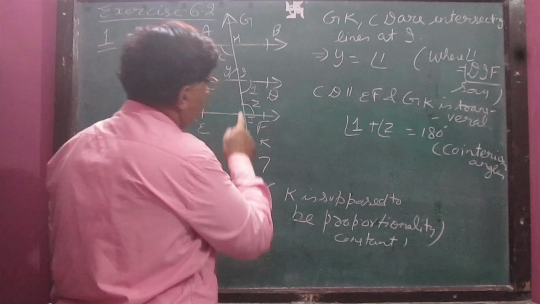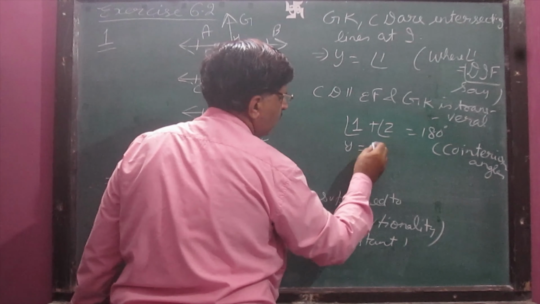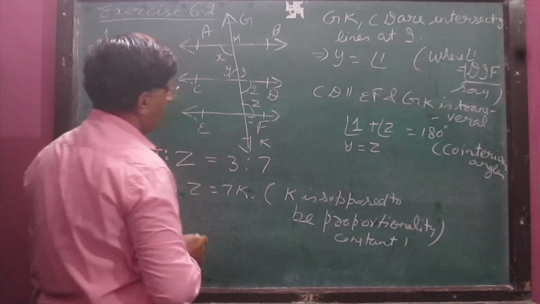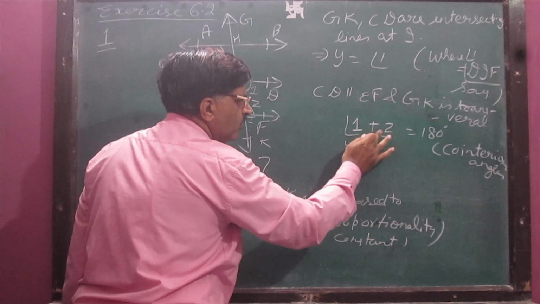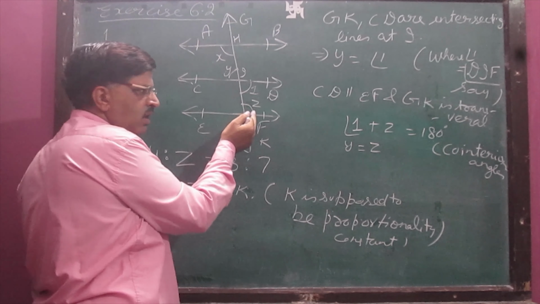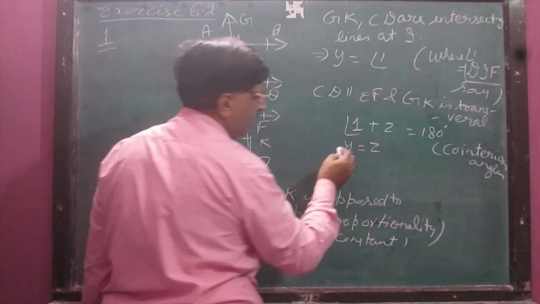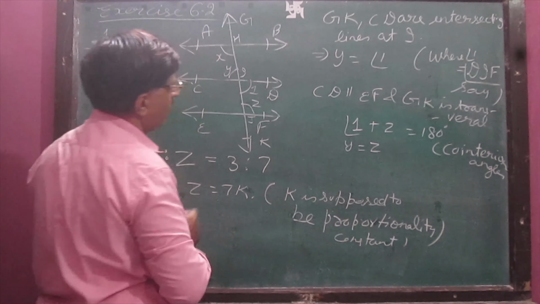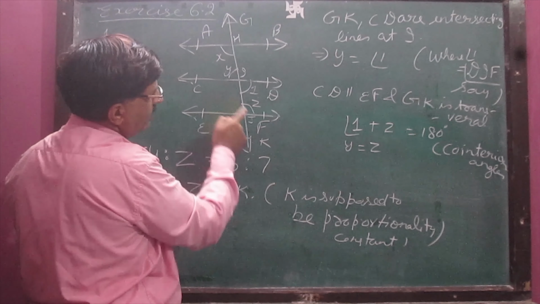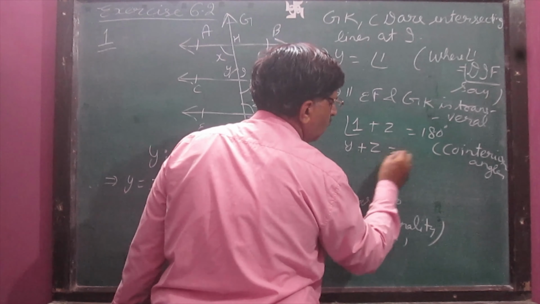Now angle 1 is found to be Y. Better not to introduce the angle sign here, because Z is the value of the angle and 1 is the number of the angle, so mark it here. Please rectify it: Y plus Z equals 180 degree.